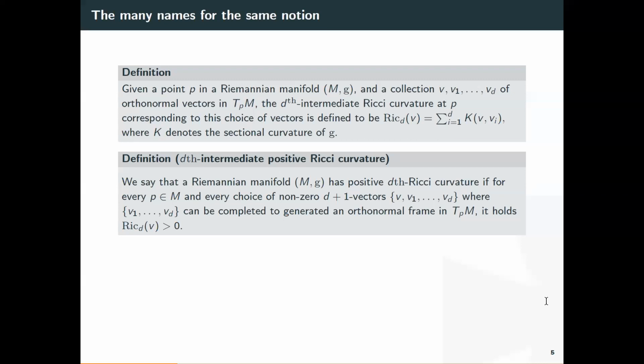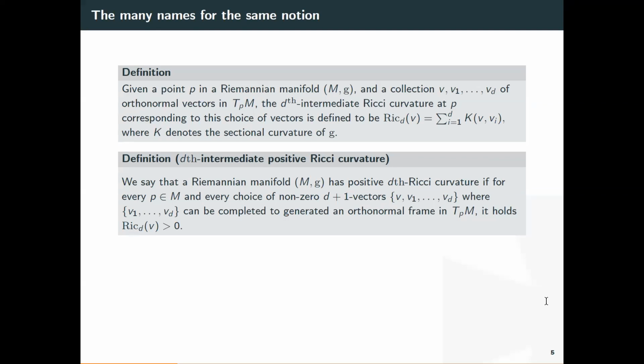We say the manifold enjoys this property if for every point and every choice of d+1 orthonormal vectors, v1 to vd, that can be completed to an orthonormal frame, we have Ricci d of v positive, where Ricci d of v is the expression in the former definition.